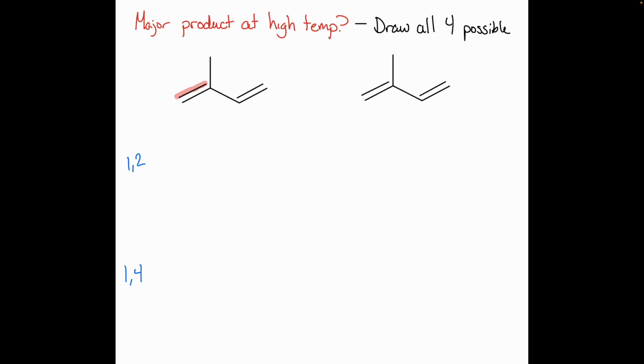First, I'm going to pay attention to this double bond. I'm going to do my products if this double bond was playing the role of the nucleophile. So my 1,2 adduct would be where my hydrogen is bound to carbon 1, that first carbon, and my halogen, in this case it was HCl, so chlorine, is bound to that allylic carbon.